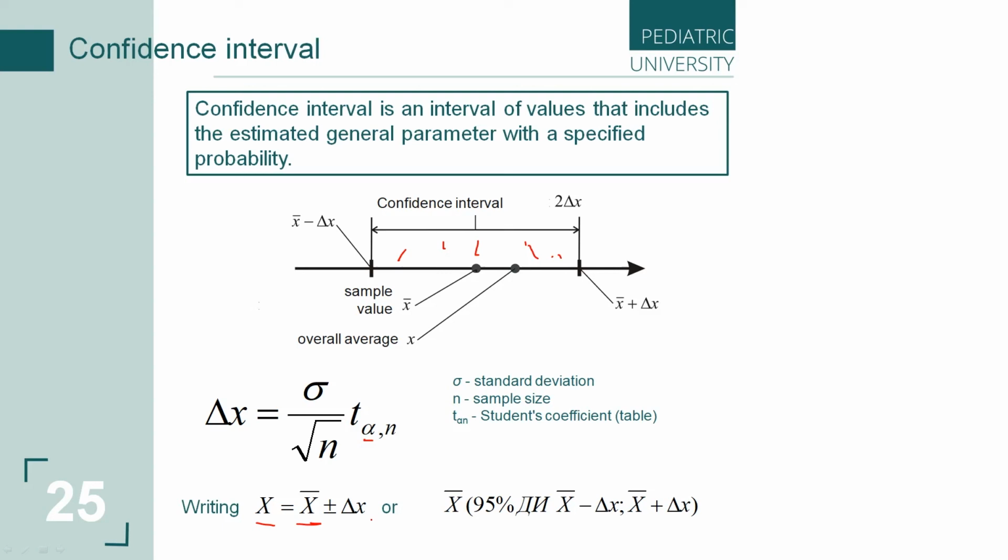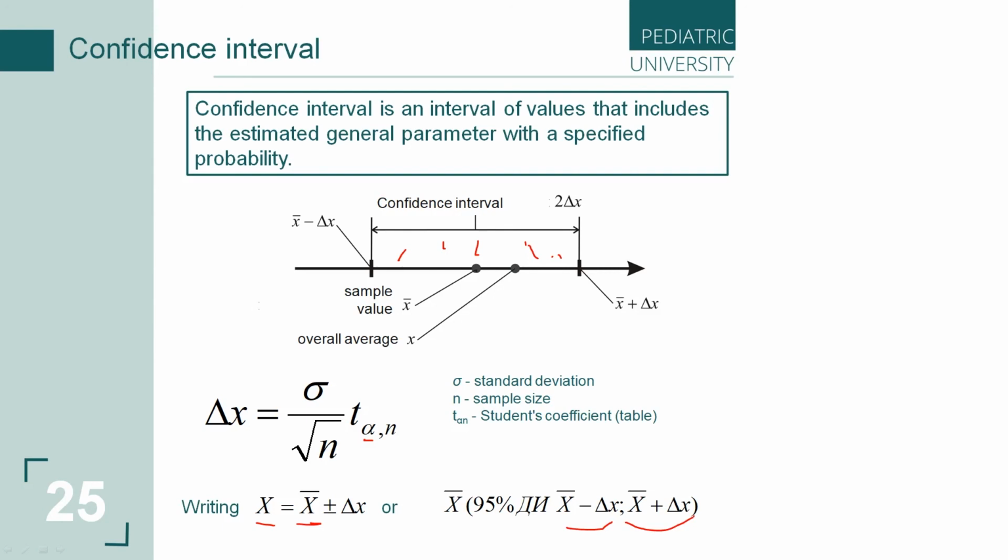Now there are requirements in publications not to write plus minus, but to write it as follows: average minus delta x, or average plus delta x.